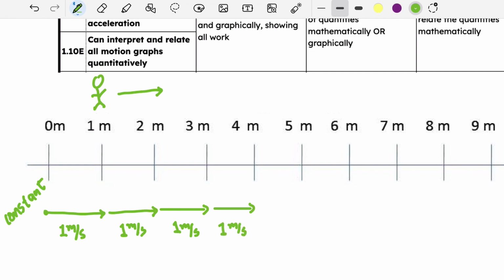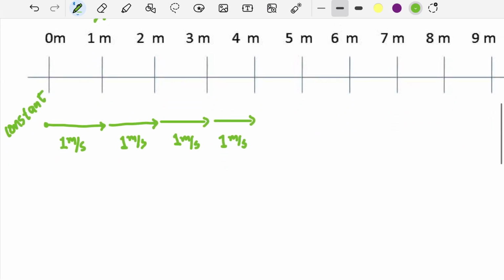But have you ever seen someone move in a way in which these velocities might change? Sure you have. You might have seen a sprinter at the Olympics speeding up. You might have seen a car start from 0 meters per second and then start driving at some acceleration to however many meters per second.